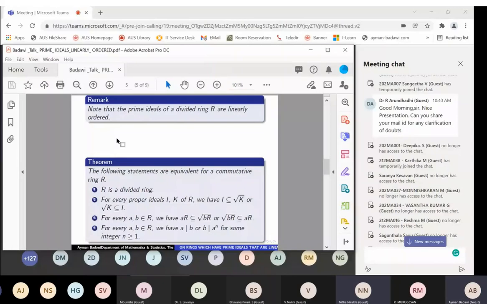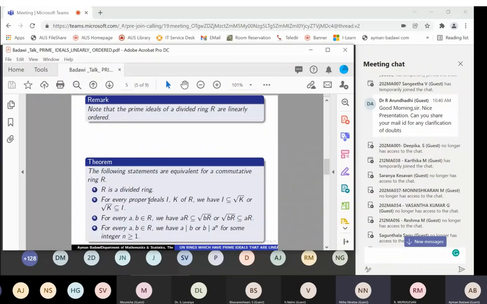Okay, here is a theorem that gives a complete characterization of divided rings. R is a divided ring.